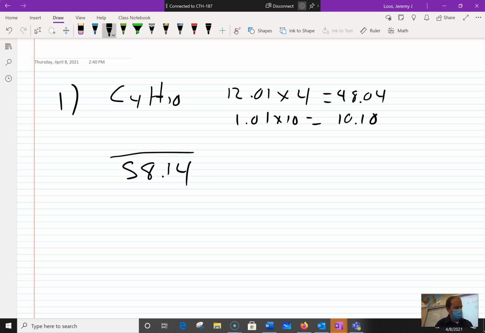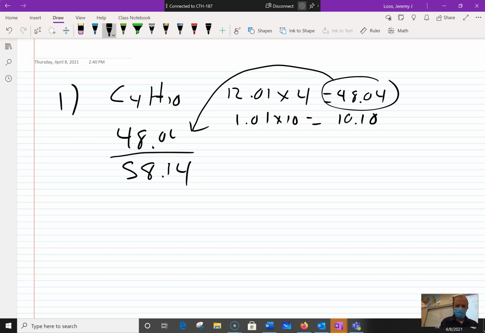And then, it's asking us for the percent composition of carbon. So we would just take this mass that we got specifically from the carbon, divide that out, and we should get right about 82.6%.